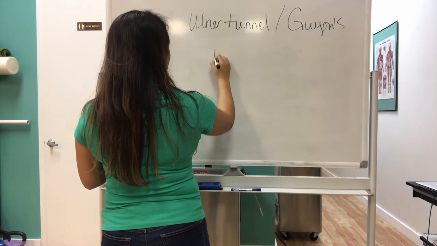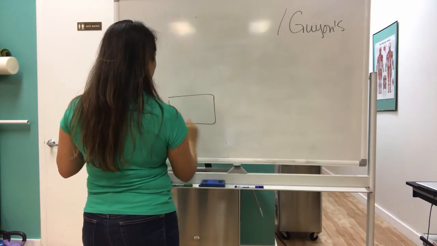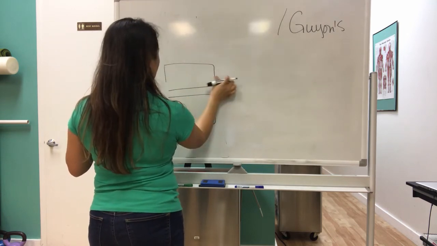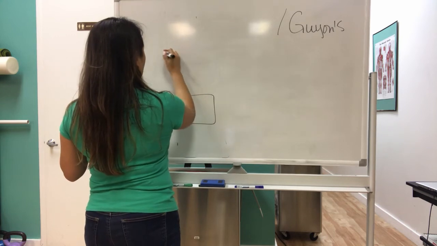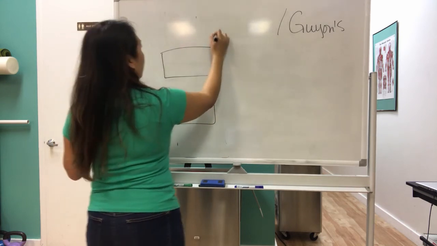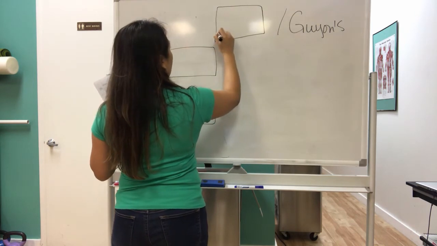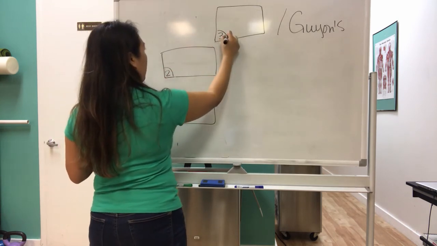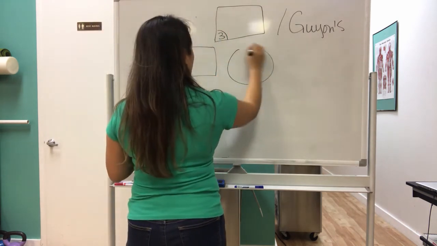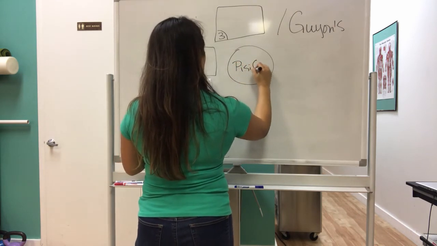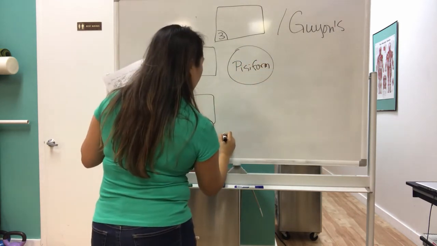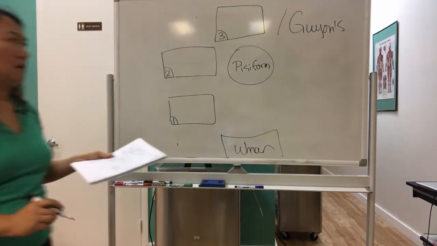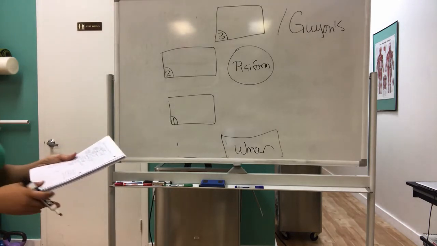So this is zone 1, zone 2, make a little space so I can draw, and then zone 3. So this is 3, 2, and 1. And then here is the pisiform. And then all the way down here is your ulna, just so you have some guide.